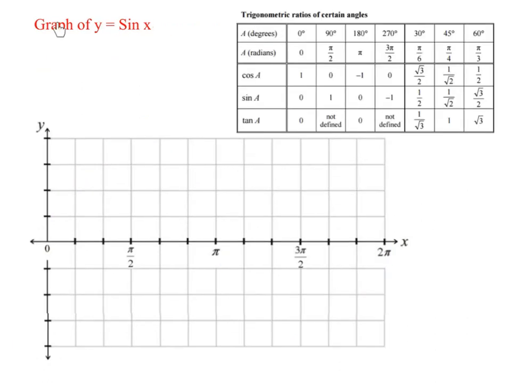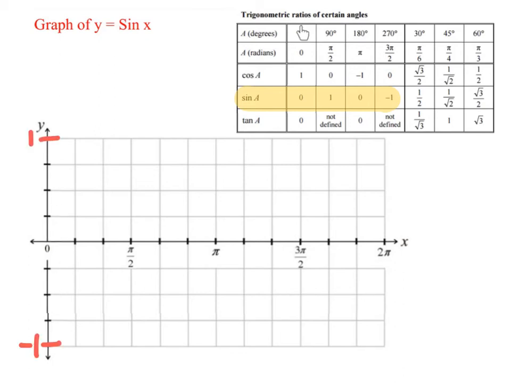So again, we're going to draw the graph of y equals sine of x using our trigonometric ratios of certain angles. And again, this time we're using radians for our x-axis. So we're going to go to sine of A. So we also have to label our y-axis, go up as far as 1 and down as far as -1.